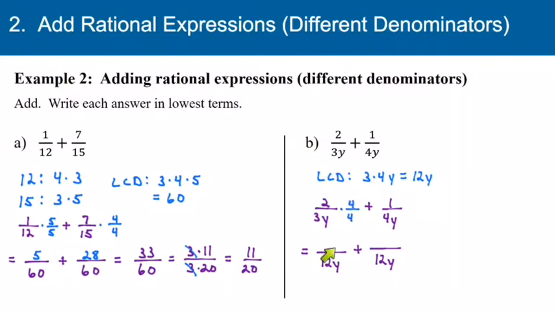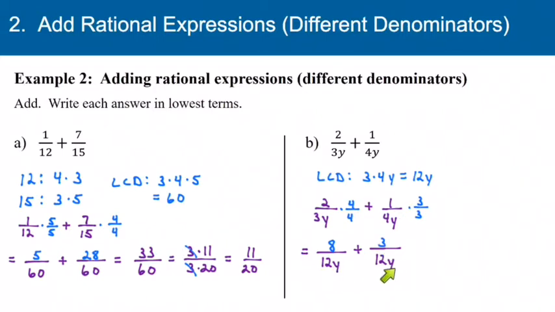And that means the new top number for the first fraction is 8. And on the second fraction, I start with 4y and I want to end up with 12y. So I need to multiply this denominator by 3. And that means I also need to multiply the top by 3. So 1 times 3 is 3.